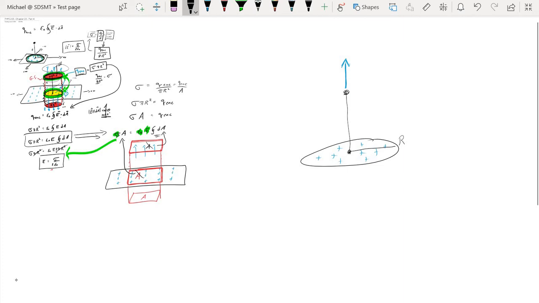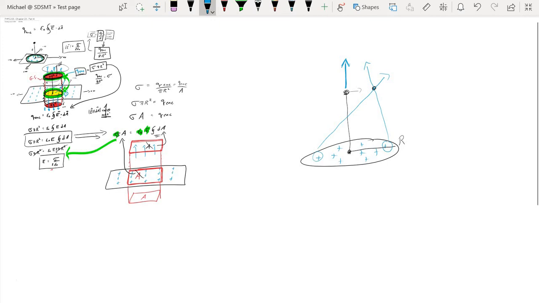But the moment I deviate from that location, I no longer have the luxury of that symmetry. I'm going to have certain electric charges that are further away than their evil twins, and that's going to result in electric field lines that are not uniform.